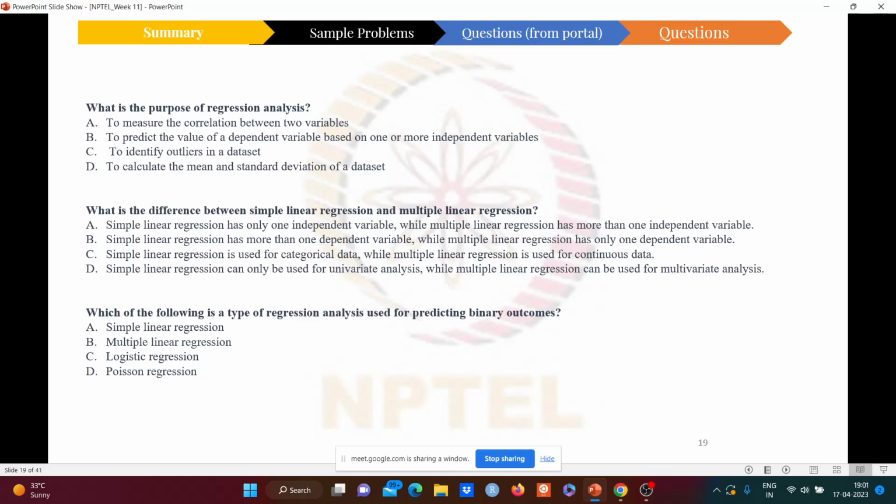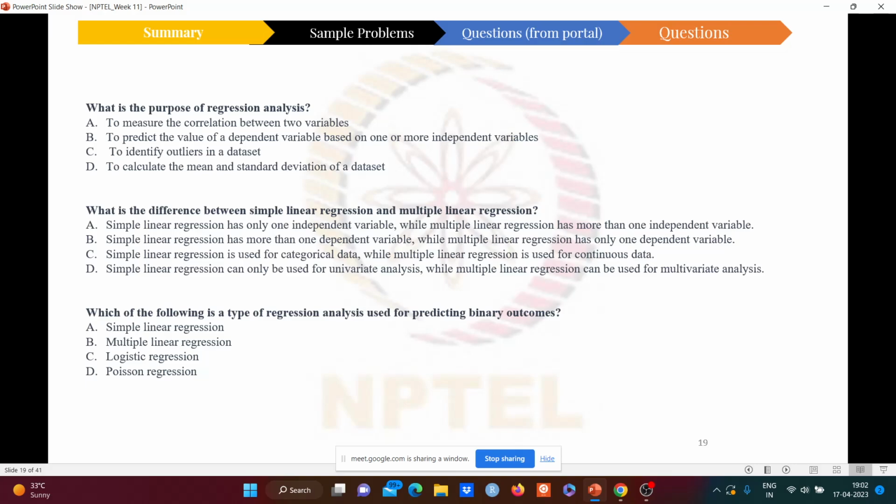Here are a few questions on regression. The first one, what is the purpose of regression analysis? Yeah, any other answers on this?